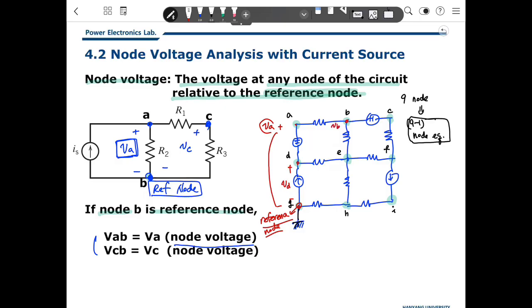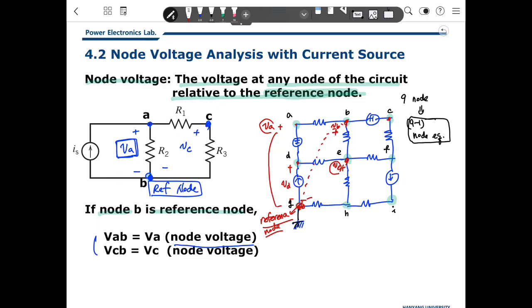That means from G to B, the node voltage between 2 points, B from G. And what is node voltage E? E from here to there. That is node voltage E.